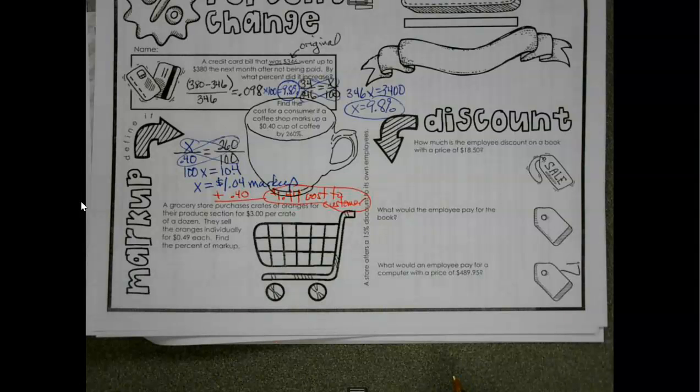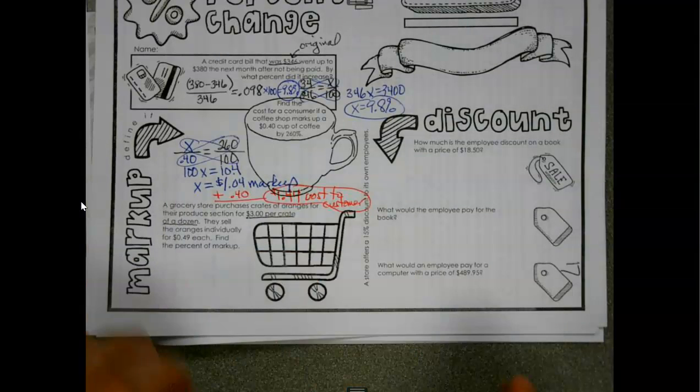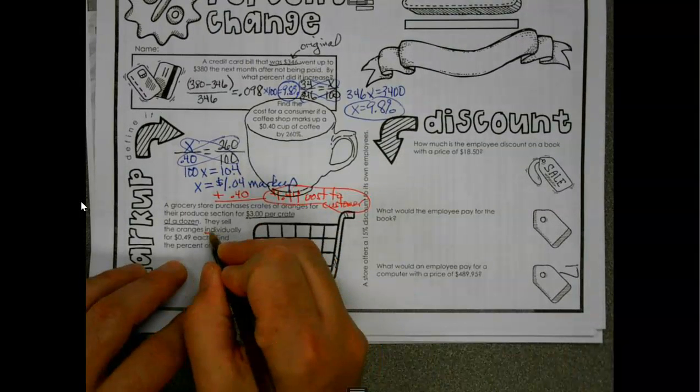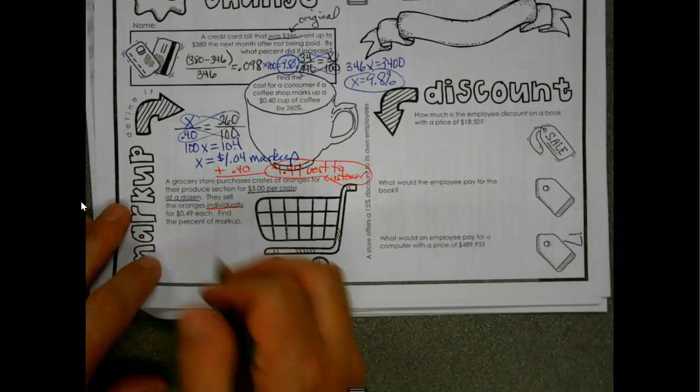Okay, there's lots going on here. The first thing is, notice they mention it's $3 not for one, but for a dozen. But then they talk here about selling the oranges individually. So we have a couple jobs here.